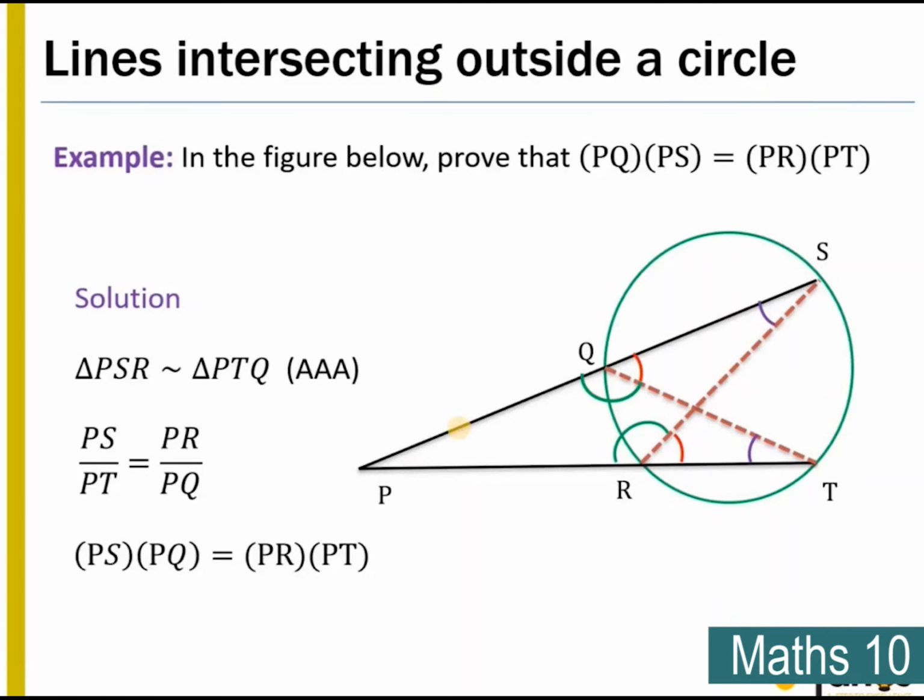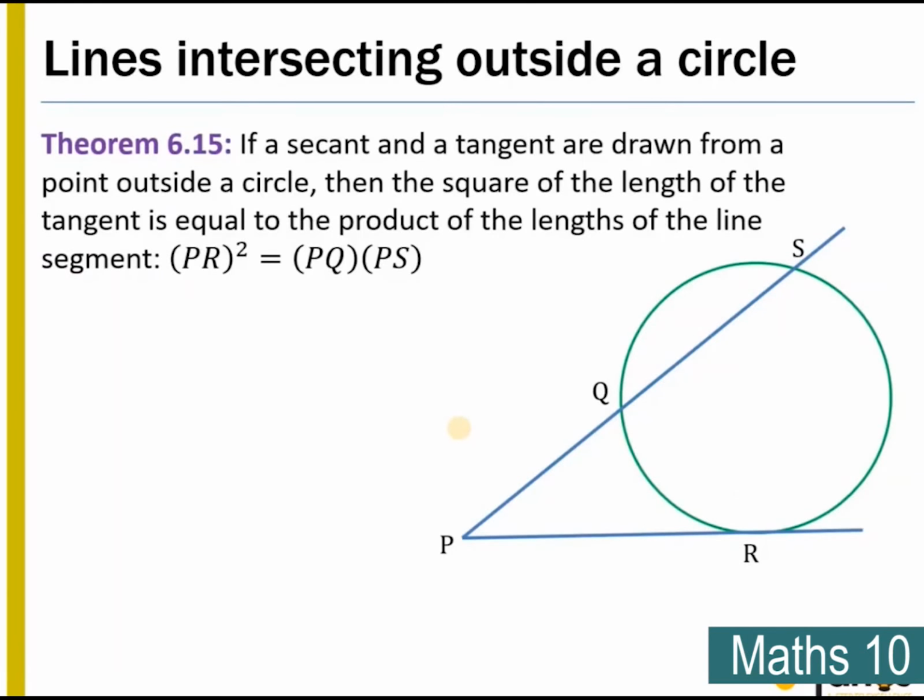So PS times PQ equals PR times PT. Theorem 6.15. If a secant and a tangent are drawn from a point outside a circle, then the square of the length of the tangent is equal to the product of the lengths of the line segment. So PR squared equals PQ times PS.